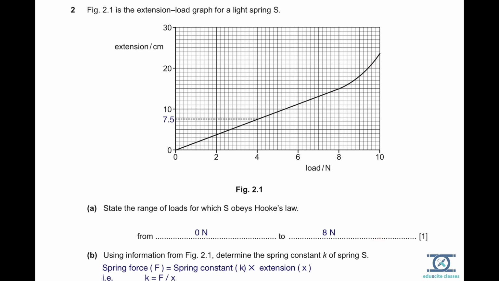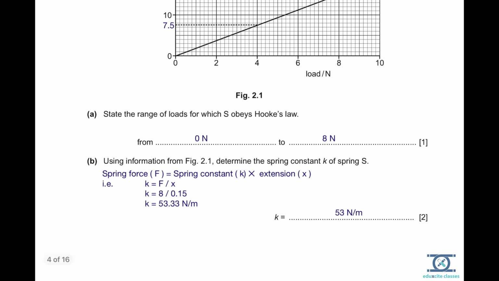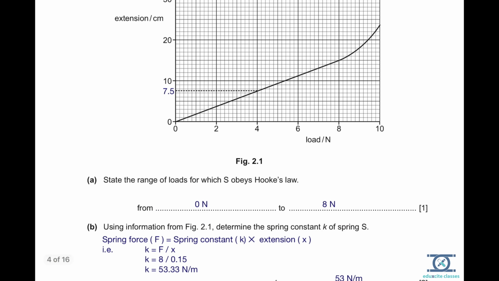Now B part, using information from this figure, determine the spring constant K of spring S. So we know that spring force is spring constant K into X, that is F equals Kx. So we can find K equals F by X. We have to find out this F by X. So I have taken this point and these 2 points.